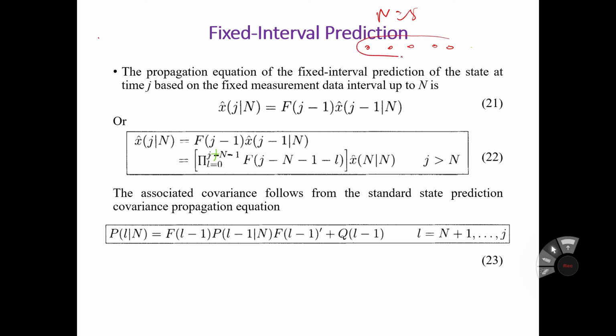Now you are calculating n plus 1. So here j equals n plus 1. Each time n plus 1, then n plus 2, then n plus 3, and so on.